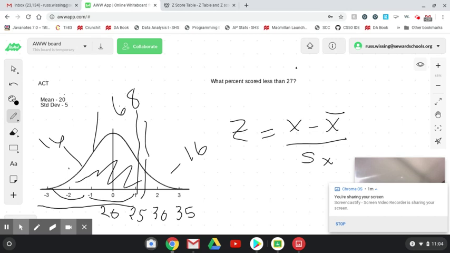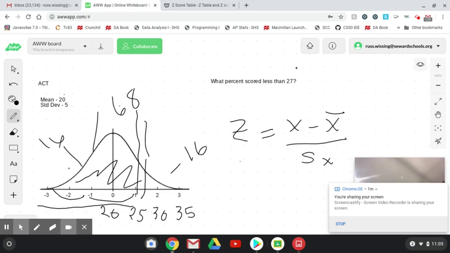But 2 and above is 2.5%, so it's less than 97.5. So somewhere in the middle of 84 and 97.5 is going to be our answer, but we're not sure exactly where. So that's where we go to this Z formula that they talked about in the videos.